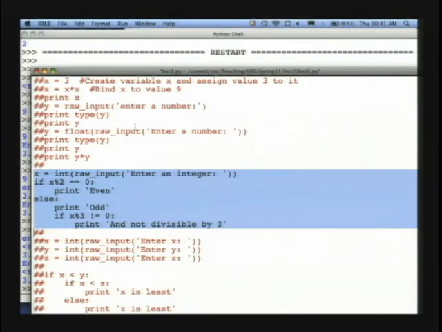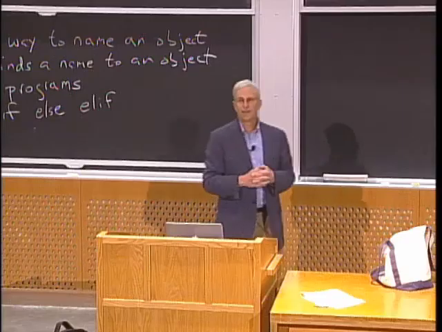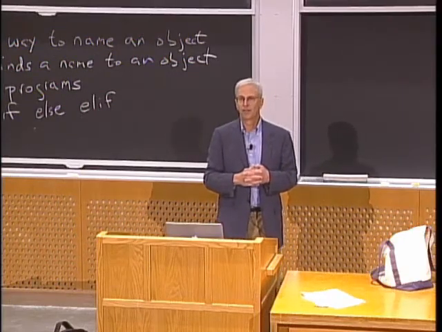It does not execute the else. So it executes one or the other. If the test is false, it skips the block of code following the if and executes the block of code following the else. So it does A or B, but not both. The indentation is important. Python is very unusual in that the way you indent things actually affects the meaning of them.